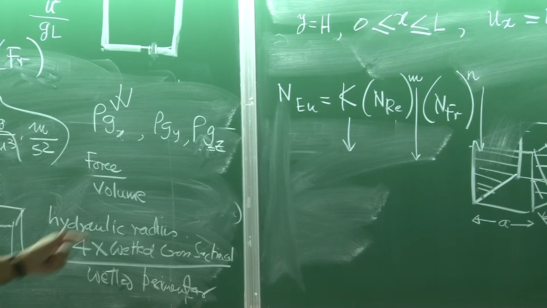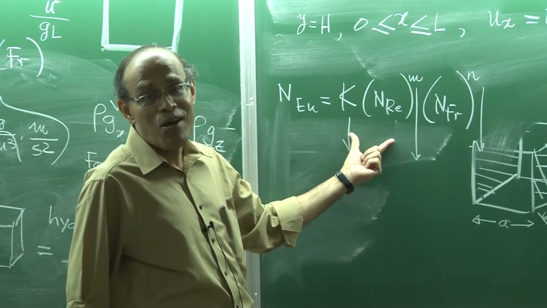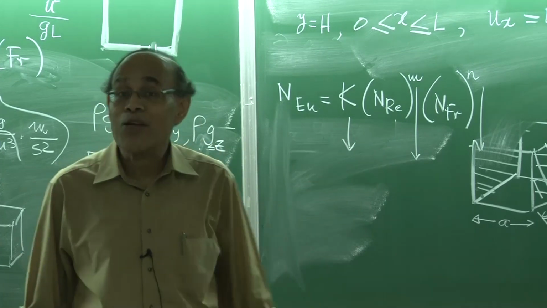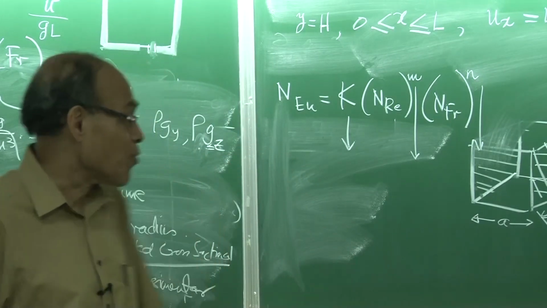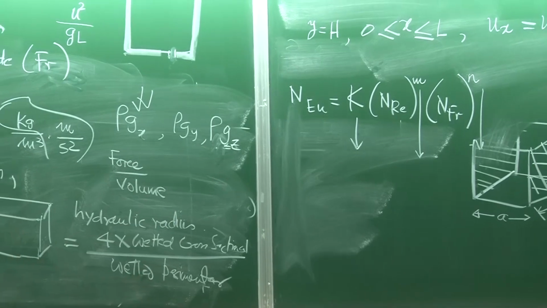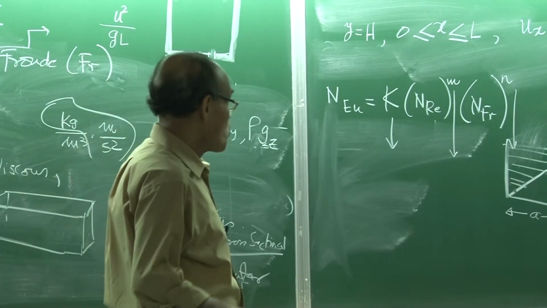And we will discuss this extensively in the context of heat transfer and mass transfer, particularly convective heat transfer and mass transfer, where we will derive the corresponding heat transfer correlations and so on.